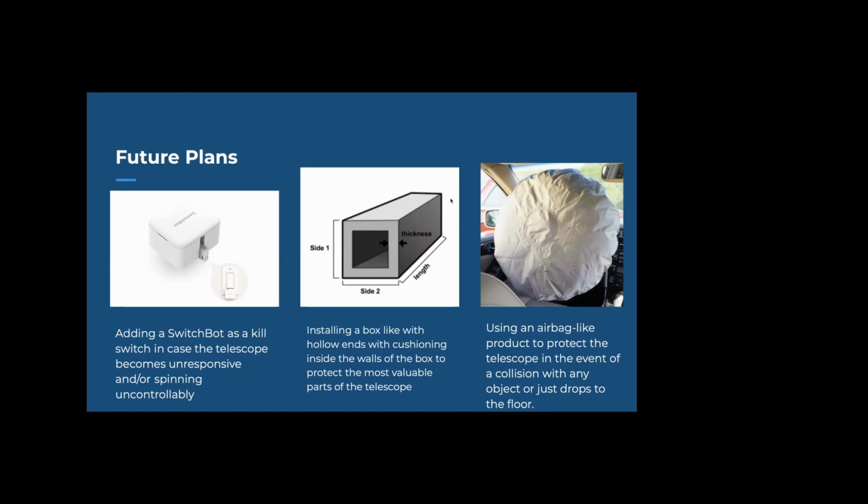And then the third one is using an airbag-like product to protect the telescope in the event of collision with any object. So basically, we came up with these three plans to protect the telescope.